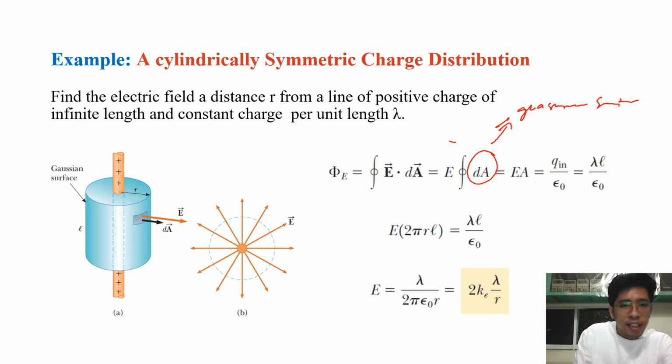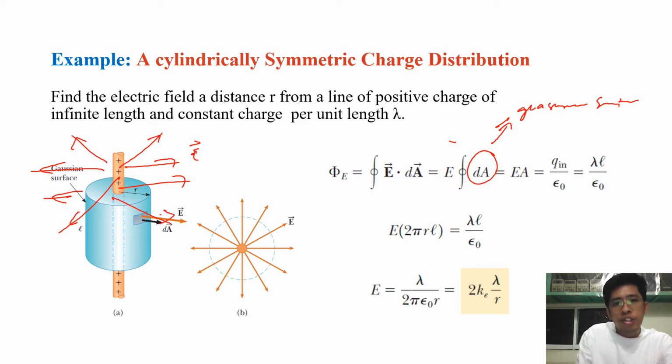As you can see, the electric fields that give contribution are only these fields here, radially outward, of course. Your Gaussian surface is a cylinder, but the top and bottom circles do not have a contribution. The only thing that gives contribution is the side of your cylinder.